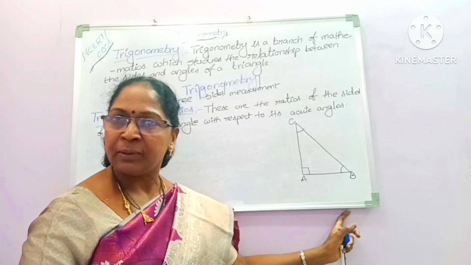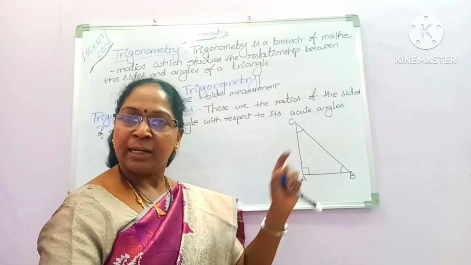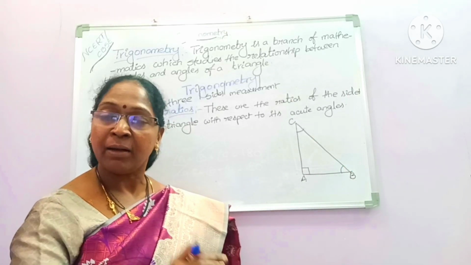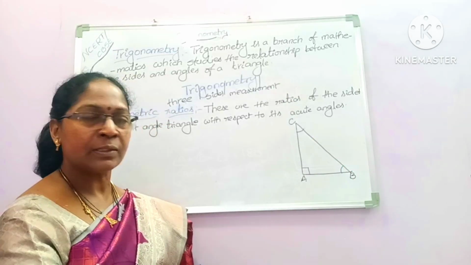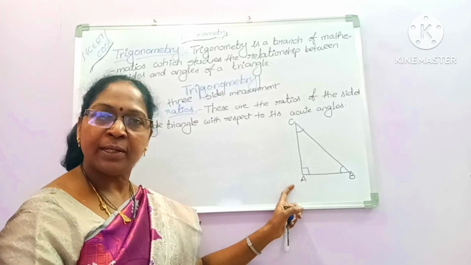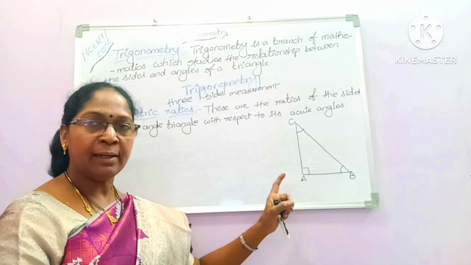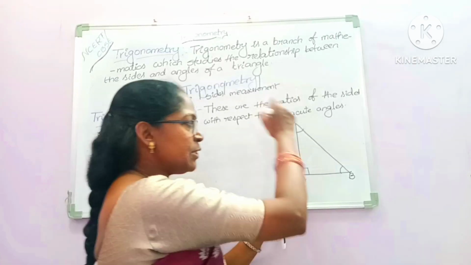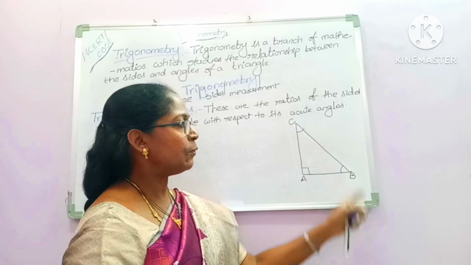Before discussing that, in this right angle triangle we have to represent the names of the sides. Right angle is at which letter? At angle A. For this angle A, which is the opposite side? First we have to observe.